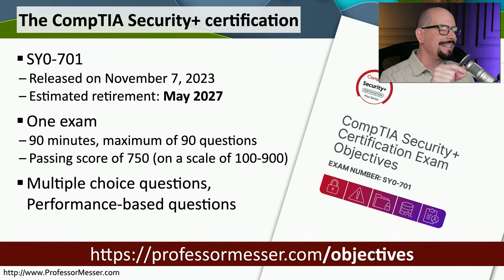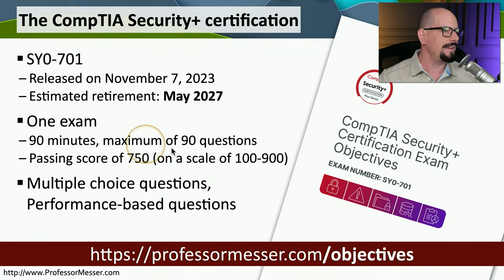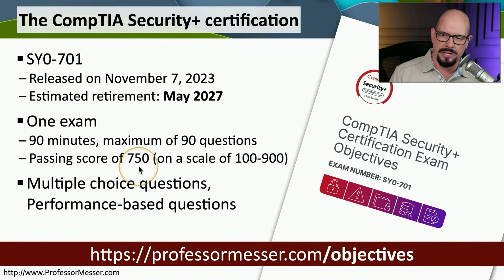Also let you know that it's a single exam. There's a maximum of 90 questions you might get. If you are working on these exams and you notice you get fewer than 90 questions, that's normal. 90 is the max, but you could get fewer. The score you're looking for on a scale from 100 to 900 is a 750. There's really no way to reverse engineer this because every question is worth a different number of points.